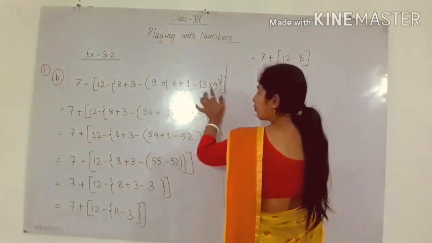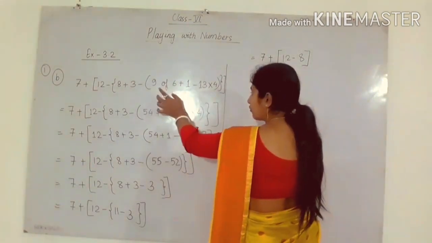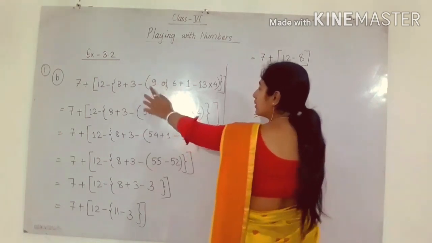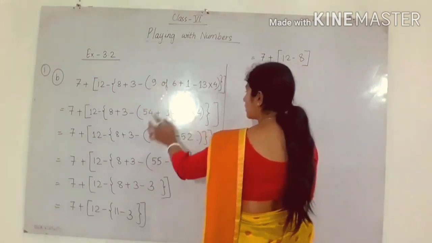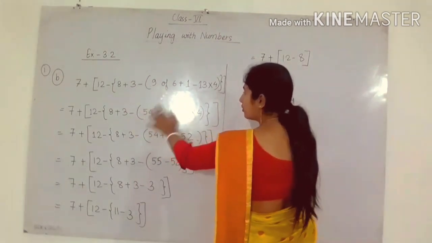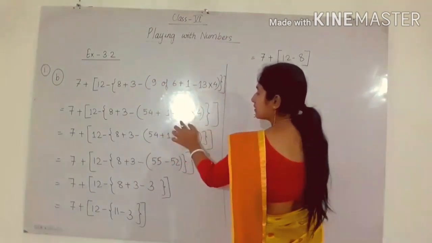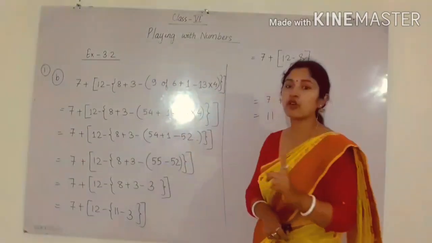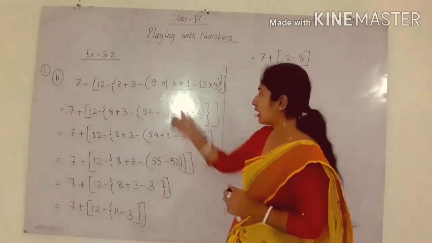So there are 4 operations present. First of all you have to solve 'of', that means 9 of 6, that means 9 into 6. 9 sixes are 54. So this is solved: 54 plus 1 minus 13 into 4. In one step I have solved only one operation, that is 'of'.